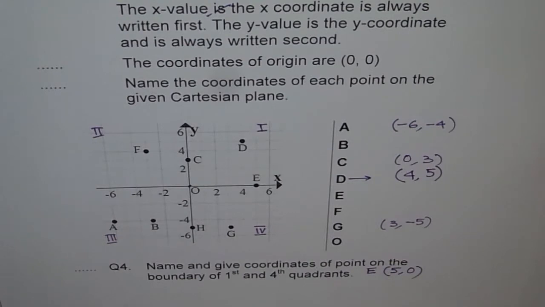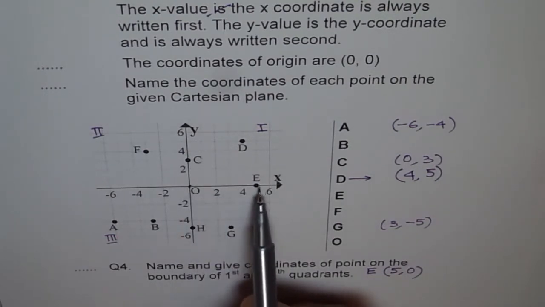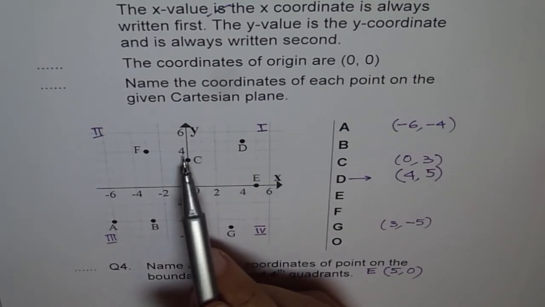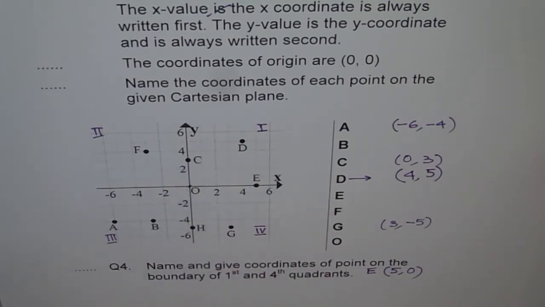You will notice that all the points on the boundary of your quadrants will have either x as 0 or y as 0, depending on which axis they fall. If they are on the x-axis, y is going to be 0. If they are on the y-axis, x is going to be 0. That is a correlation you can have between these points. Now let's move on to the next question.